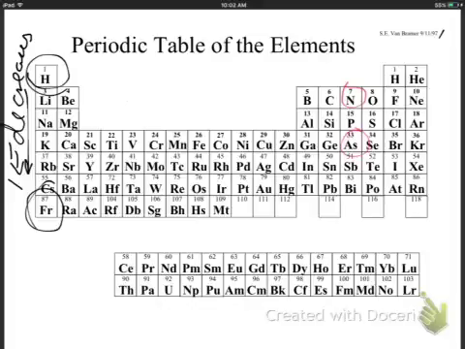Titanium would be more reactive. Okay. Barium and calcium. Who would have the lower ionization energy? Barium. Further down the group, lower ionization energy.